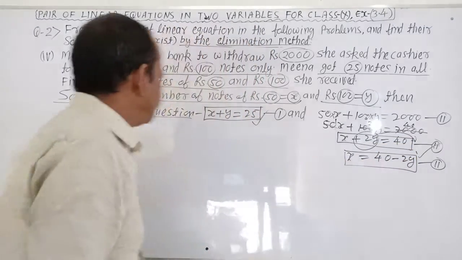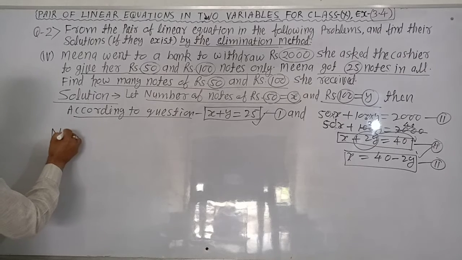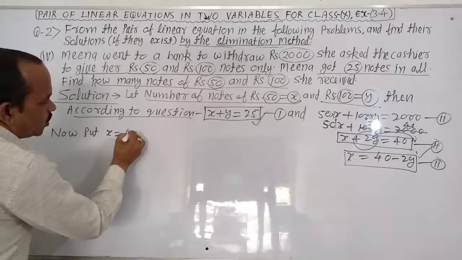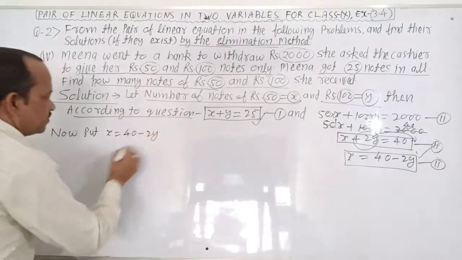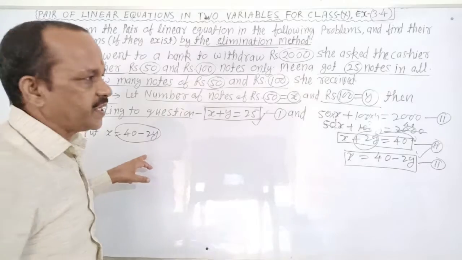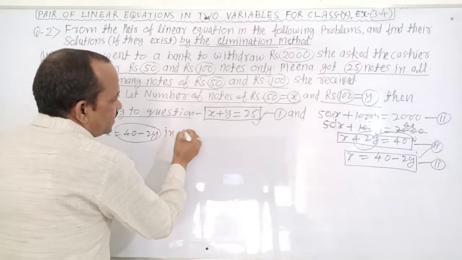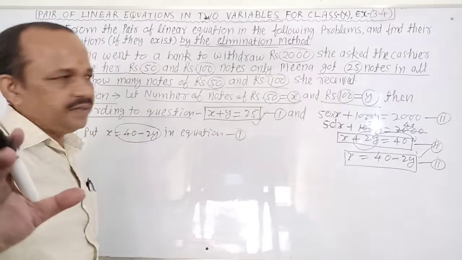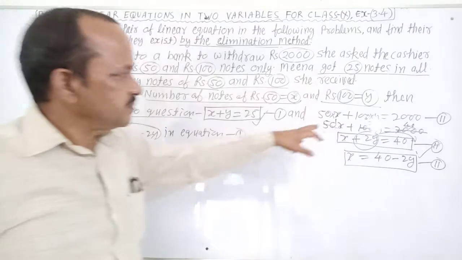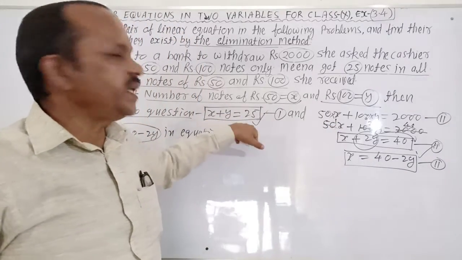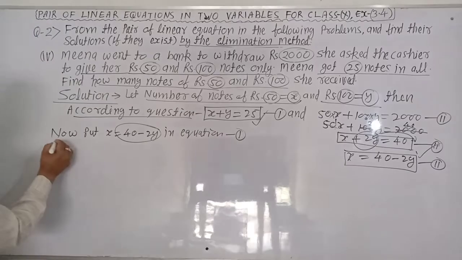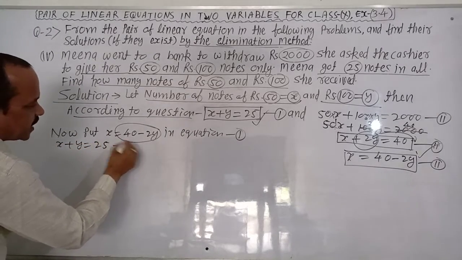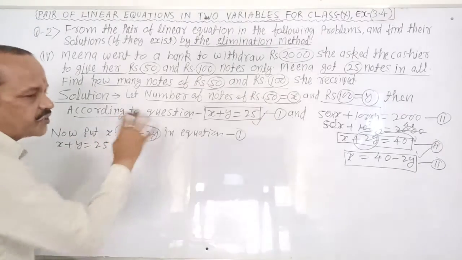Clear? Now put x equal to 40 minus 2y in equation first. Equation first is x plus y equal to 25. You put x equal to 40 minus 2y.